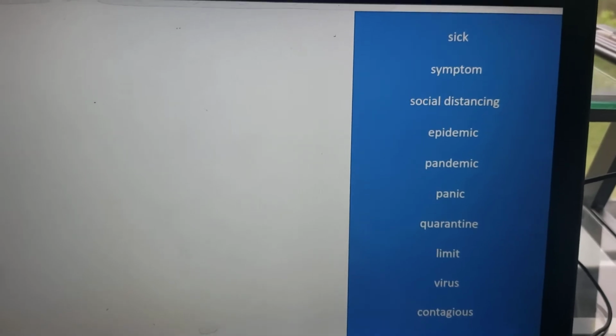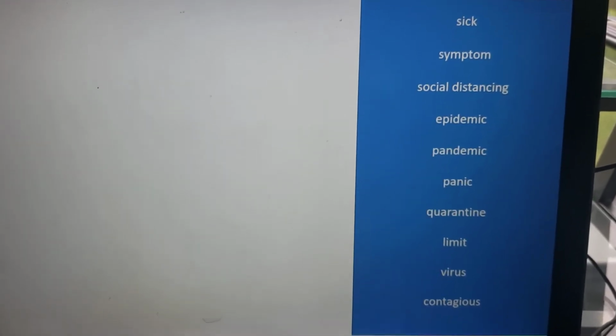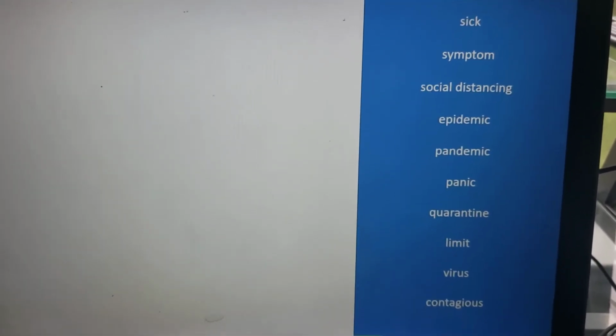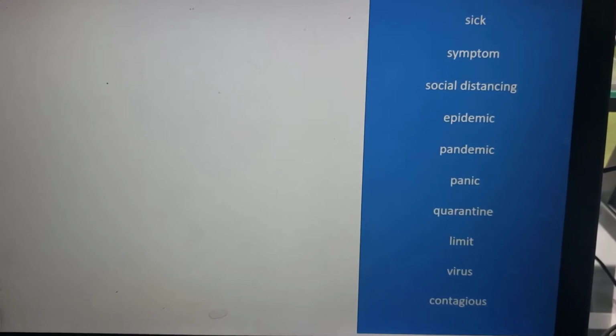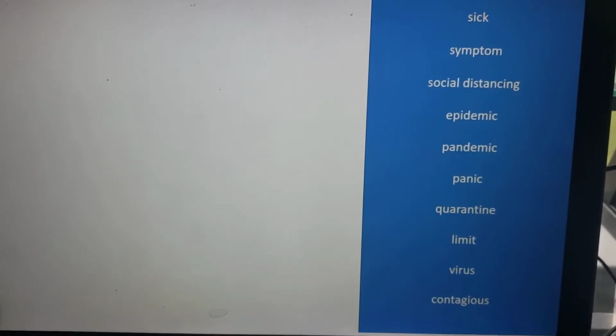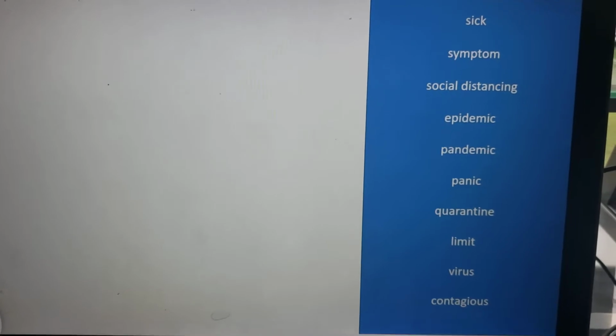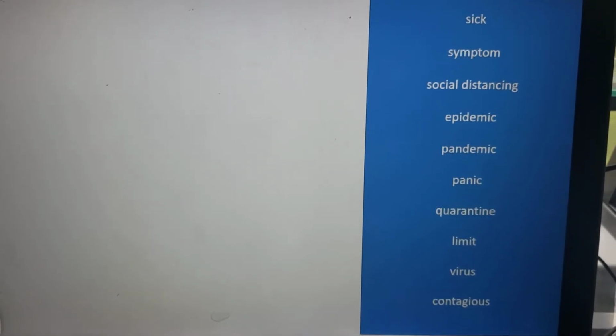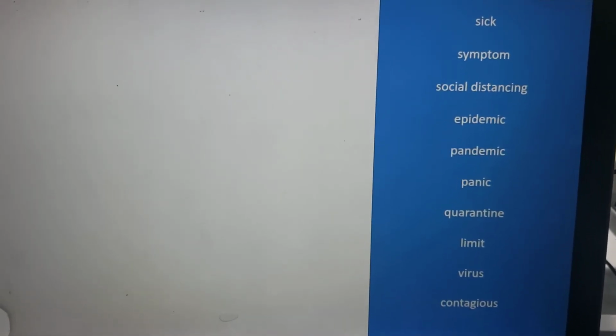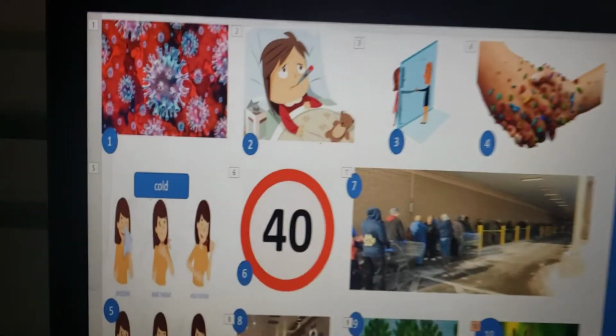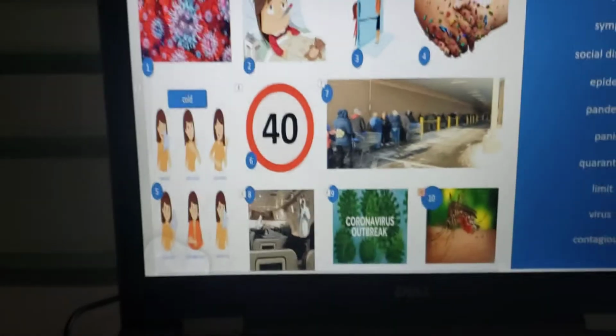Now, see if you can use these words: sick, symptom, social distancing, epidemic, pandemic, panic, quarantine, limit, virus, contagious in sentences in these pictures. Okay?